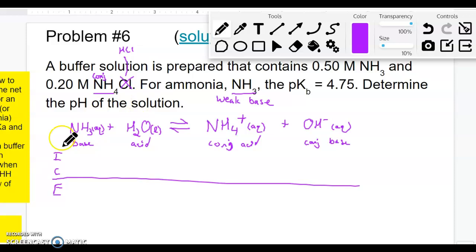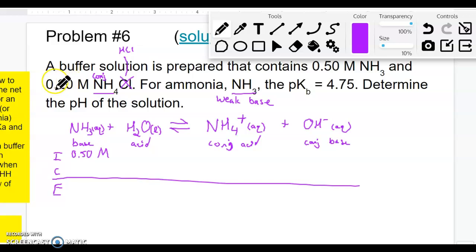And so in my ICE table, I'm going to write out my initial conditions. Because they tell me molarity, I can put molarities in the ICE table. That's fine. I have 0.5 molar NH3. So 0.5 molar. I'm going to write in my ICE table what this unit starts off as. It's molar, not moles. It's molar. And that's just going to be a reminder to me later.